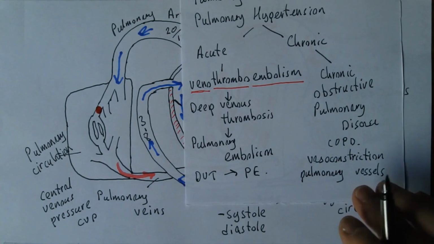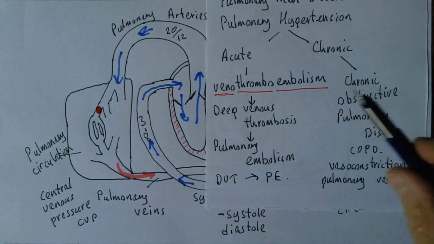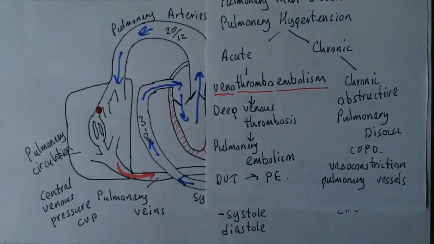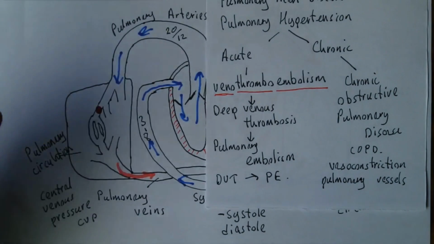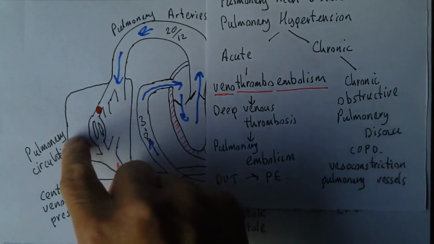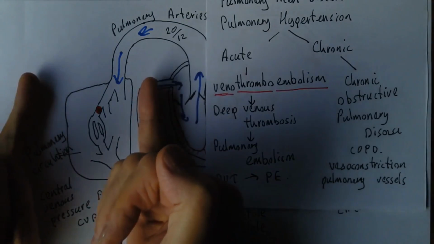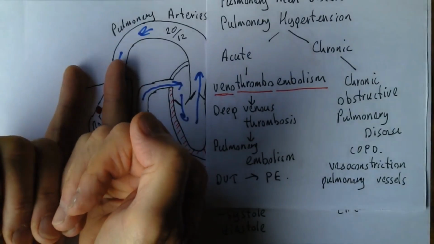Now, physiologically, that's good because it means that a lot of blood normally does not go to areas of the lung that don't have oxygen to pick up. So that's good. But in this situation, in COPD, all of the lungs are going to be involved. So there's a deficiency of oxygen in the alveoli all over the lungs. So that means all of the pulmonary vessels are going to close down.